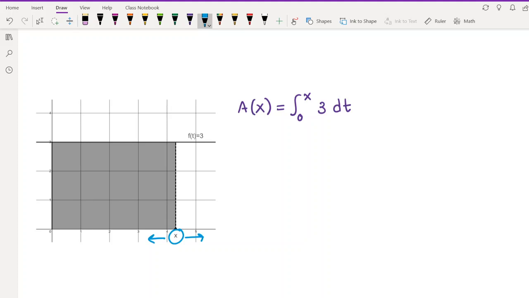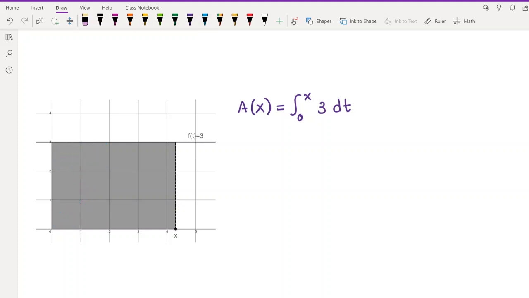So you're plugging in different numbers for x. And then what's the output of the function? Well, you're just computing what that area is when I put that as my top bound. So for example, if you plug in 1 for x, then you're looking at the area from 0 to 1. If you plug in 2, then you're looking for the area from 0 to 2, and so on.